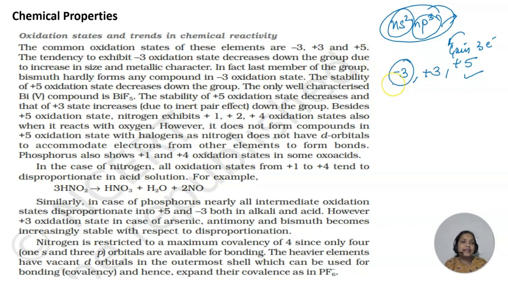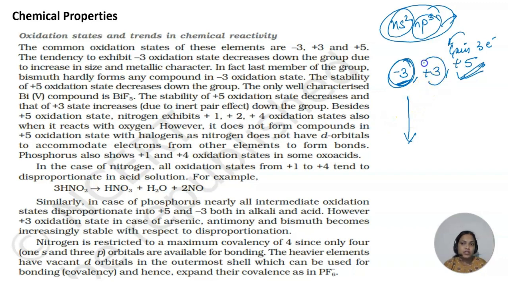If they are gaining electrons, it means non-metallic character, so nitrogen and phosphorus, which are non-metals, can do this. But once we are moving down the group, the tendency of the elements to show this -3 oxidation state decreases. Why? Because size increases and metallic character increases. So bismuth hardly forms any compound in -3 state, and the stability of +5 state also decreases.